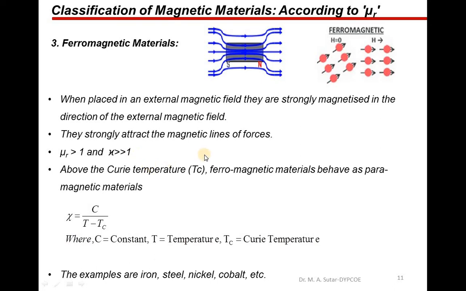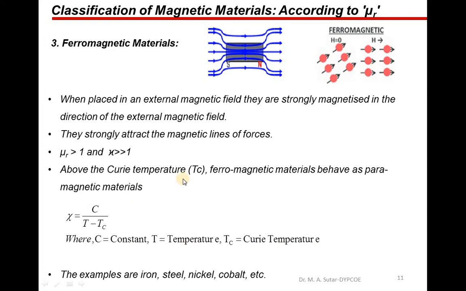Again, one thing to be remembered here is that when such a type of material is heated after a certain temperature called the Curie temperature, ferromagnetic material behaves as a paramagnetic material.